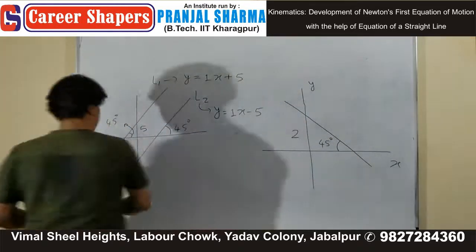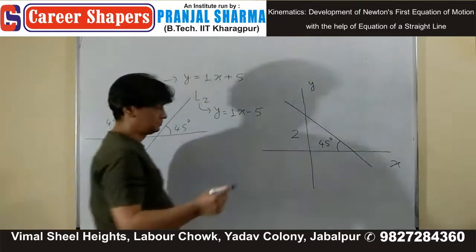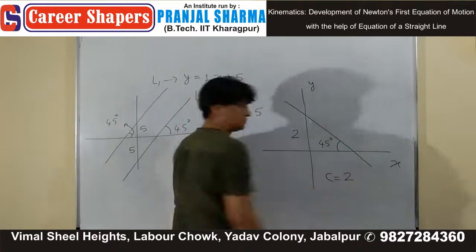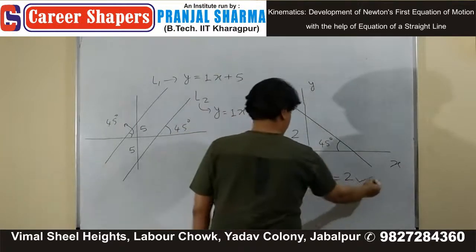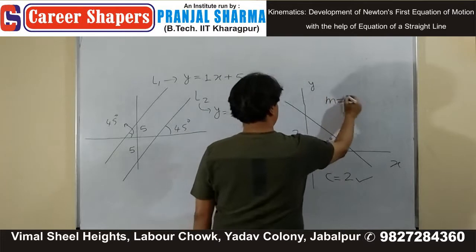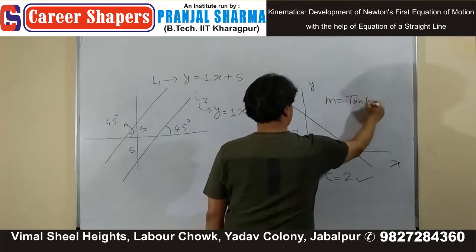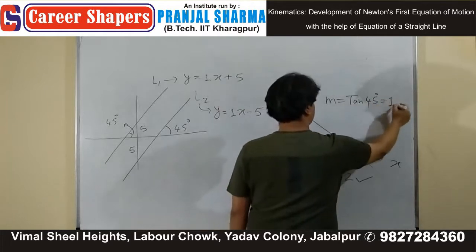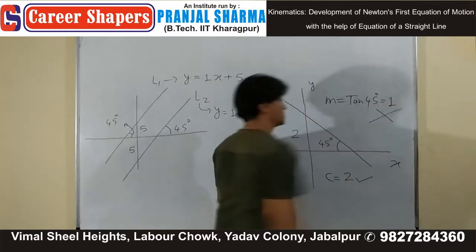So what most of you have done, you have taken C as 2, which is correct, but you have taken M as tan of 45, 1, which is not.